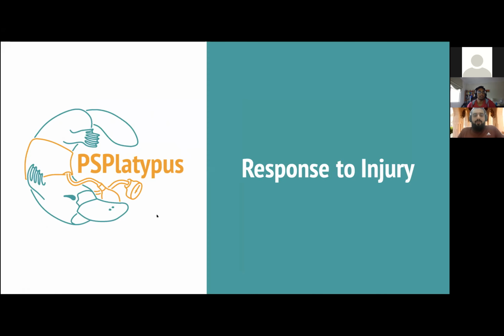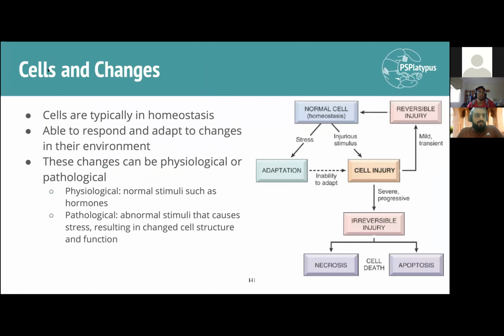Now we're going to talk about how cells or tissue in the body respond to injuries. So cells typically are in a stable state, homeostasis, and they just do their function. However, if there is a change or stress, they can adapt to this change or even respond to it.